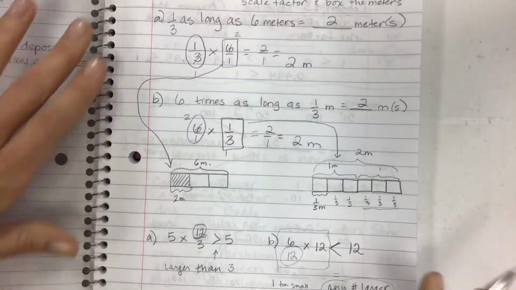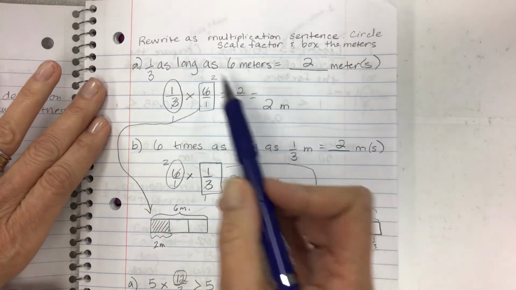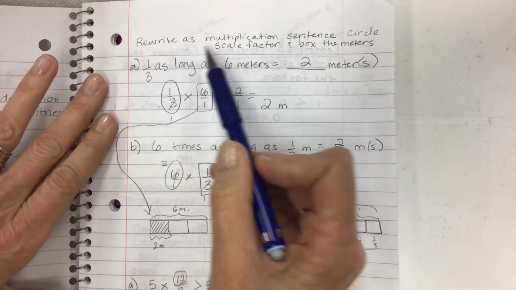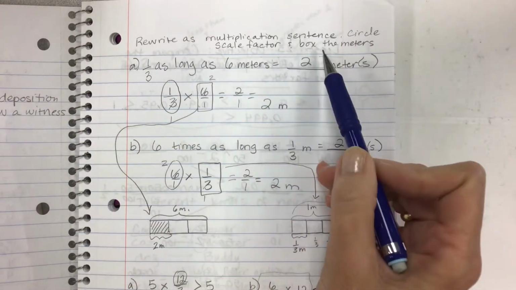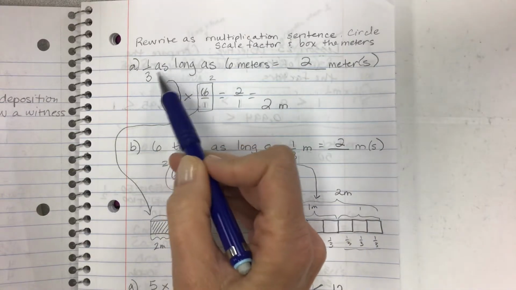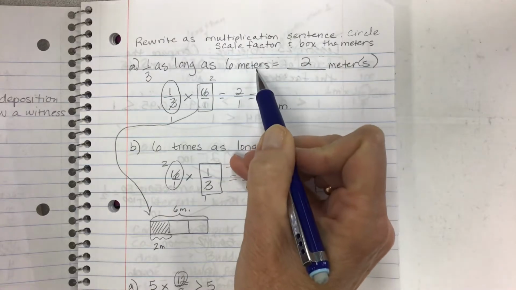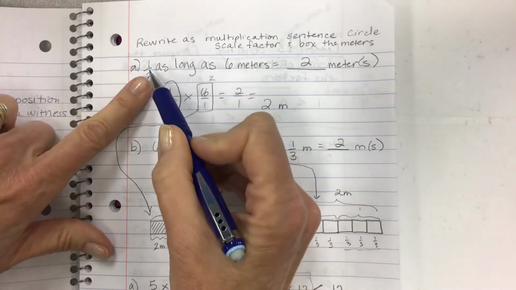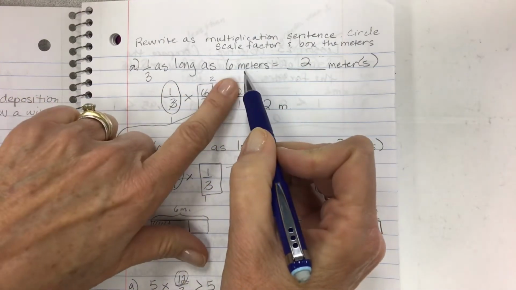Okay, so anyway, more samples of that. And then this is kind of connecting to what we're doing in the book. So you're going to rewrite as a multiplication sentence and circle the scale factor and then box the meters. So if a problem said 1/3 as long as 6 meters, I have the 6 meters, but I'm going to change it so that I only have an amount that is 1/3 as long as what I have.